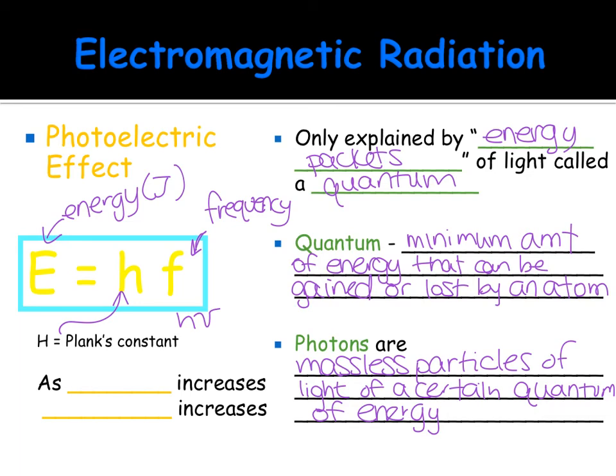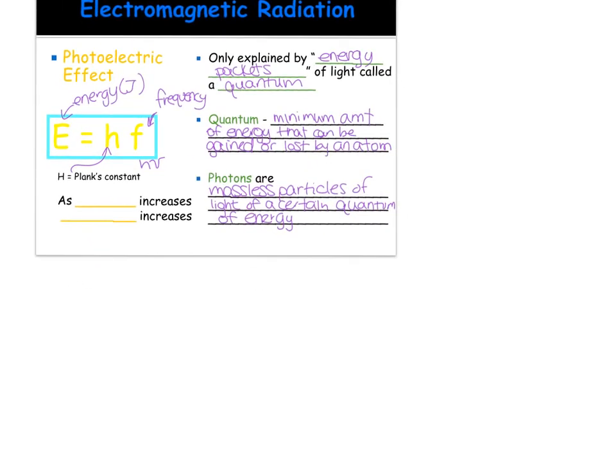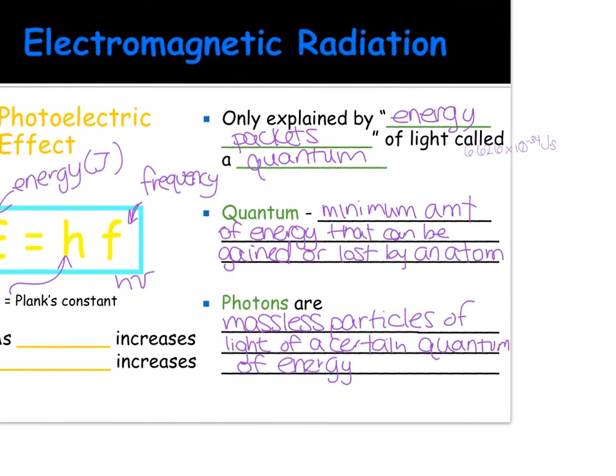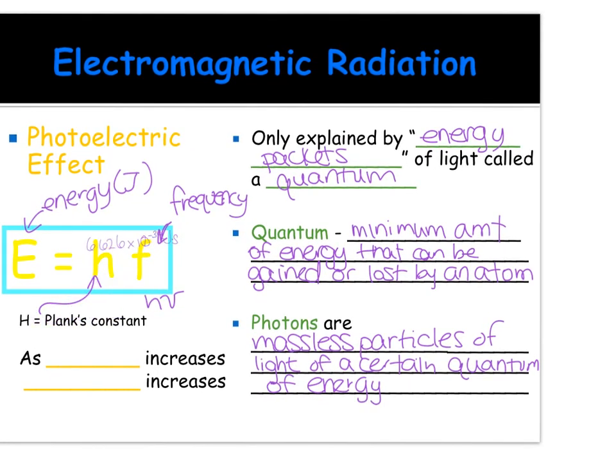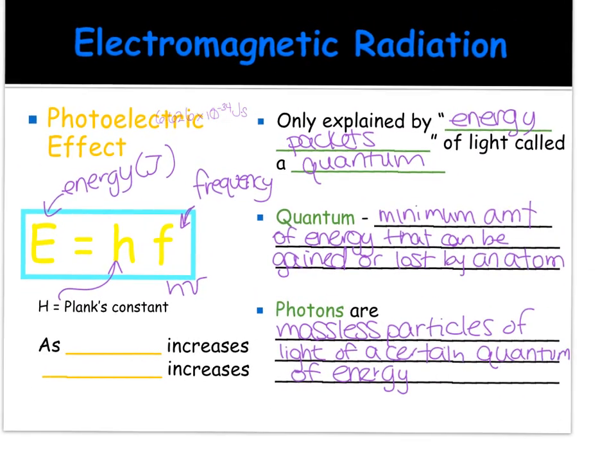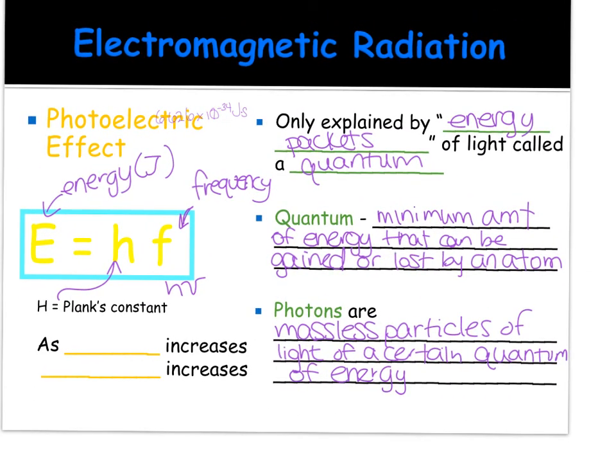So Planck's constant, and yes, you have to know this, and you will after doing your homework, is 6.626 times 10 to the negative 34 joule-seconds. That's Planck's constant.